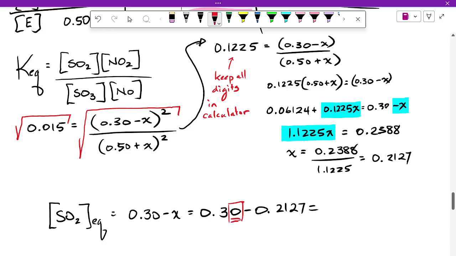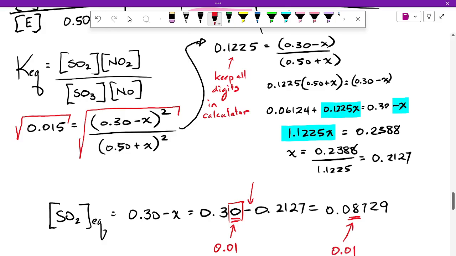So my answer is going to be 0.08729. And then I look at my answer and I say, this is in my 0.01 position. That means when I do a subtraction, it's also going to be in the 0.01 position. Okay.